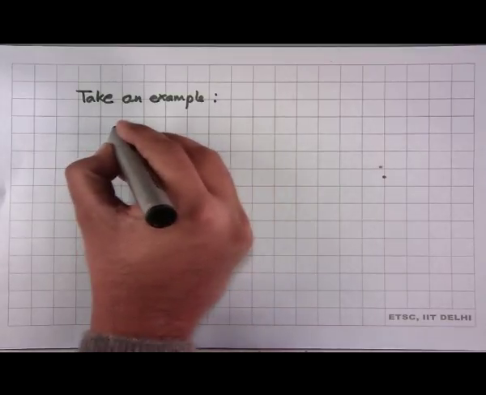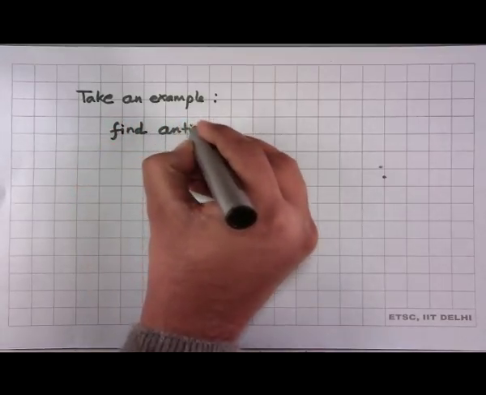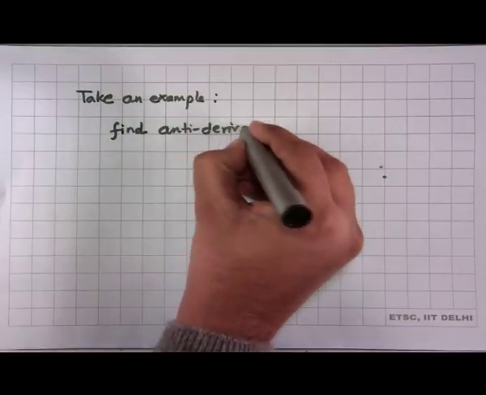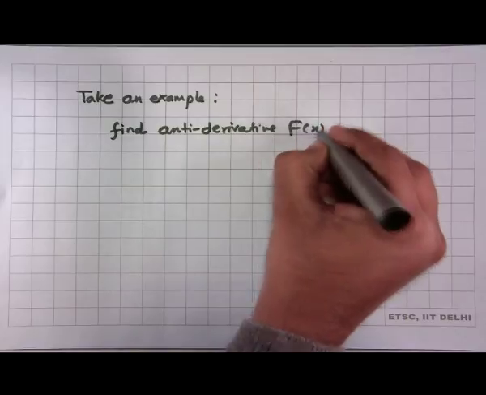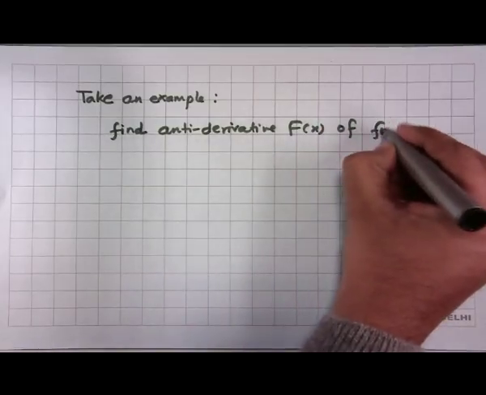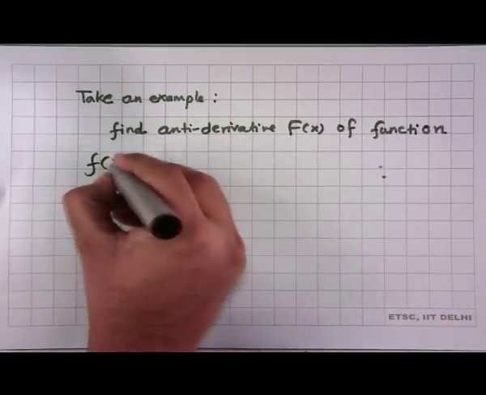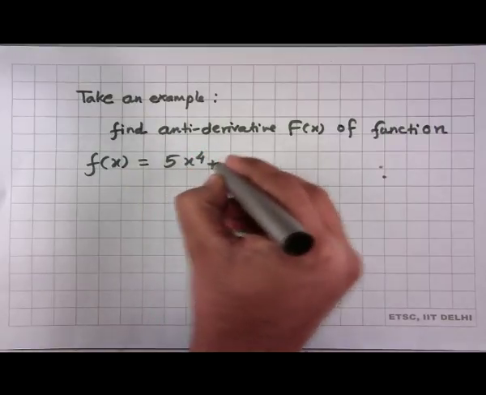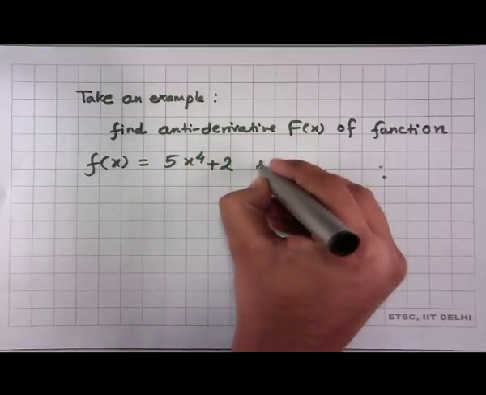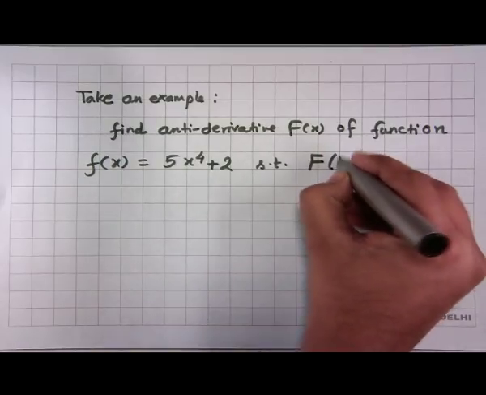So, suppose that we are asked to find the antiderivative F x of the function small f x, which is given as 5 x raised to power 4 plus 2, such that the value of the antiderivative is given to us.